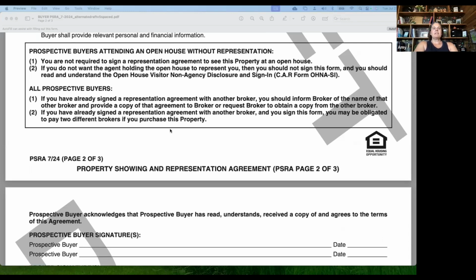If you do not want the agent holding the open house to represent you, then you should not sign this form, and you should read and understand the open house visitor non-agency disclosure and sign in. That's the form we covered yesterday. I like to call it the Ohana form. It's not really how you would say it, but it looks close enough. So anyways, that's what I would utilize, the OHNA-SI for open houses. This would be if we want to proceed out of the open house to another property, or again, like a cold market lead that you're not sure you want to work with.